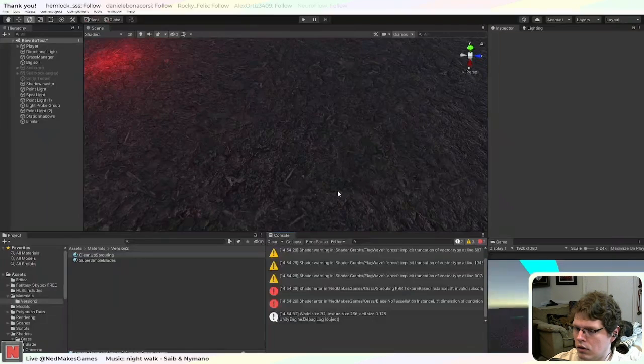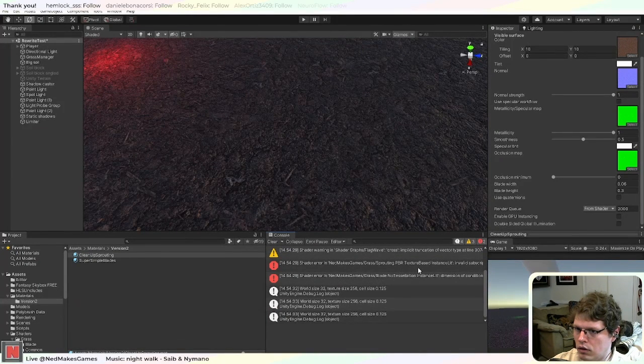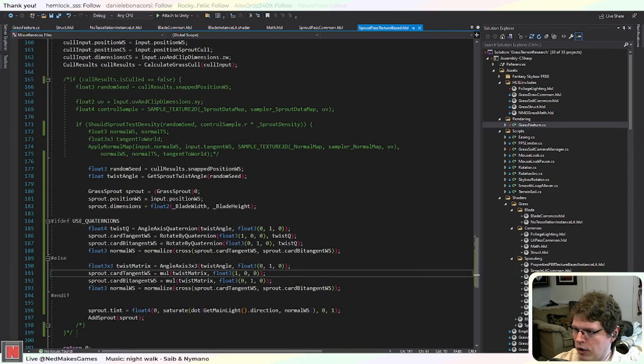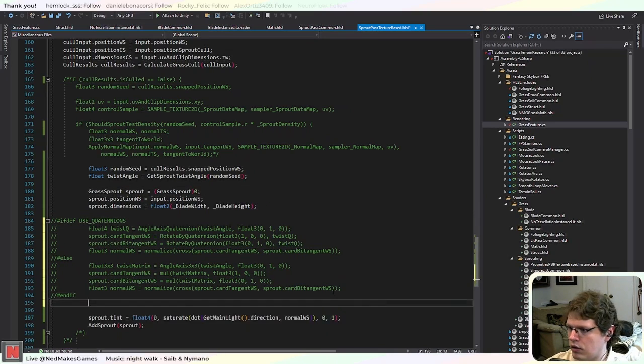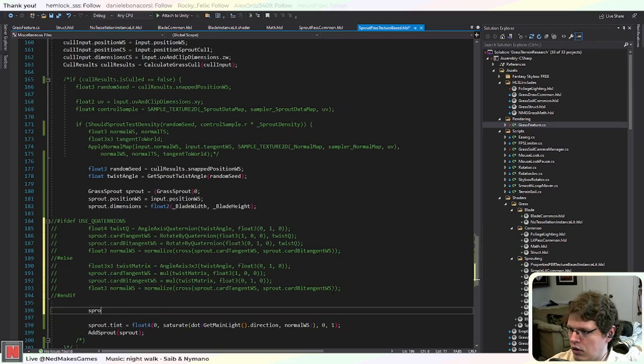All right. Oh yeah, so it's gonna complain now because these don't even exist anymore. So let's comment that whole thing out. So really all I have to do is just pass the root quaternion as this quaternion I just did.